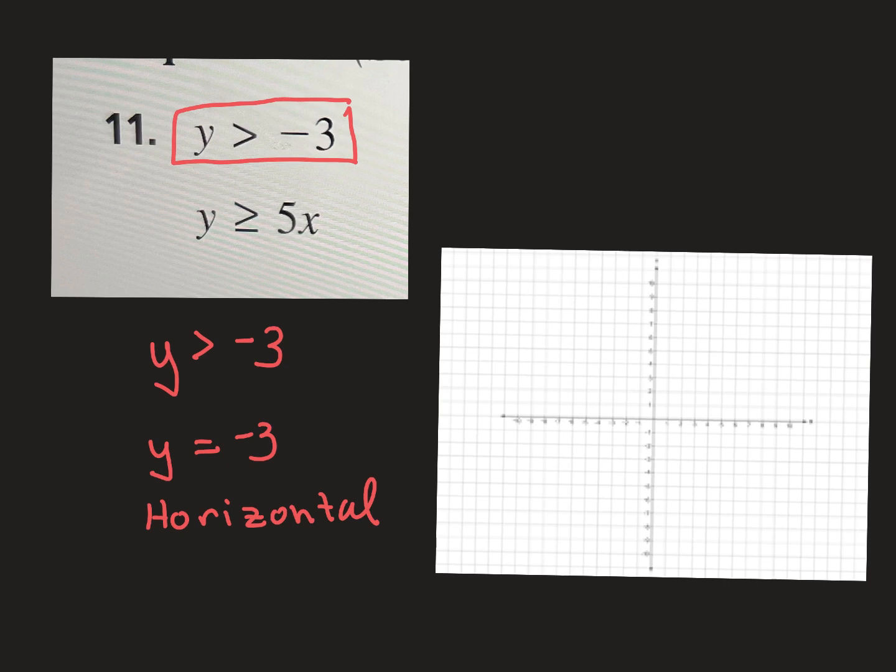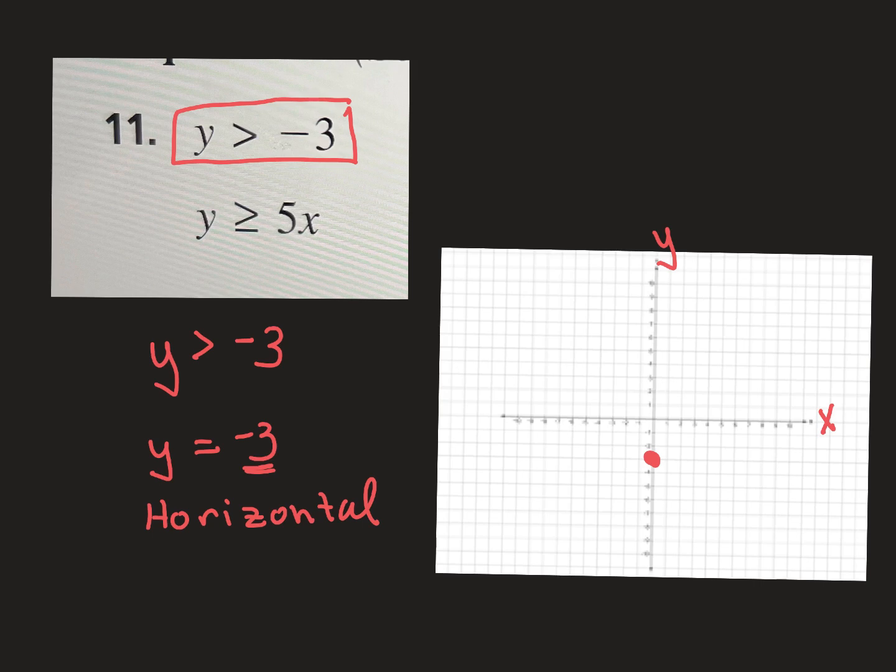So this is your y-axis, this is your x-axis, and I would go to where y is negative 3 on that axis, and I put a dot. That is the spot on the y-axis where y is negative 3. We can't draw a vertical line through this because that would be the y-axis, and that just doesn't make a ton of sense.